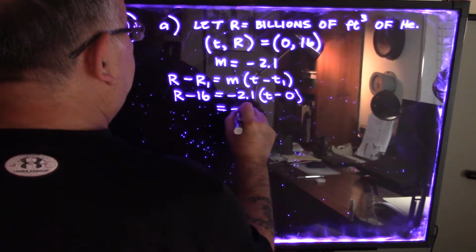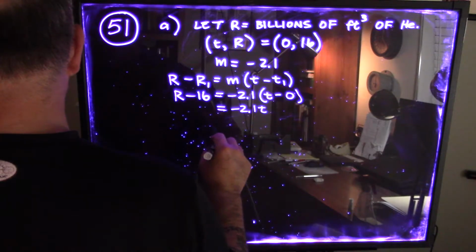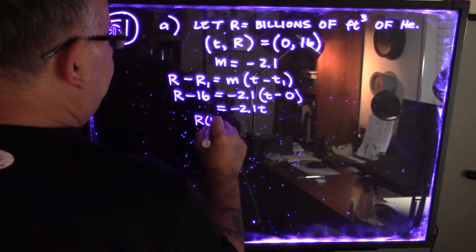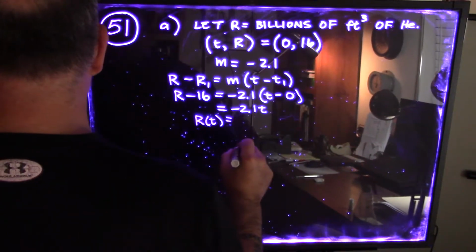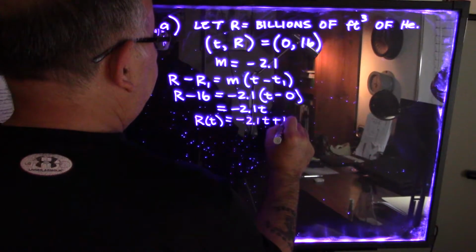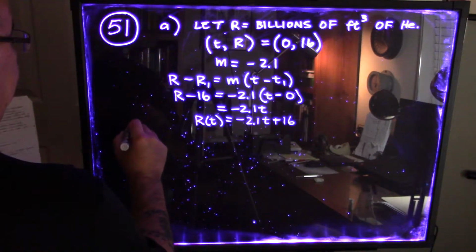And so that equals negative 2.1 t. You can just add 16 to both sides, so you get a function r of t equal to negative 2.1 t plus 16. So that's part A.